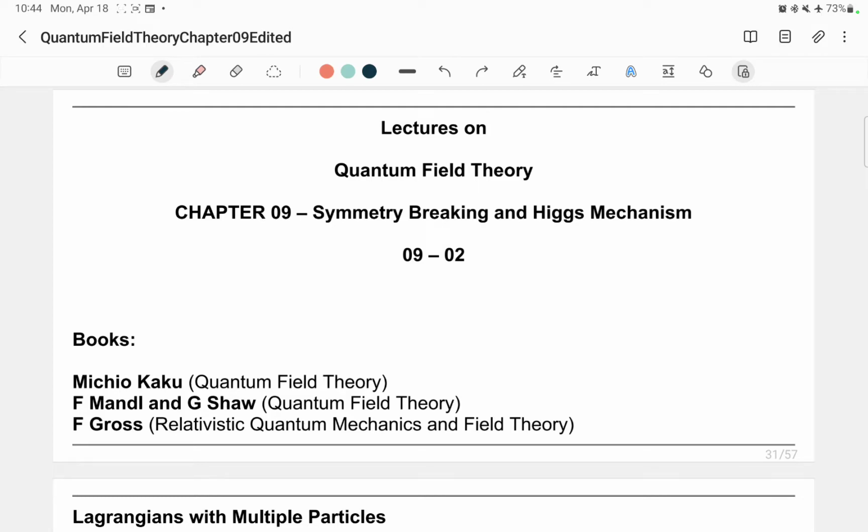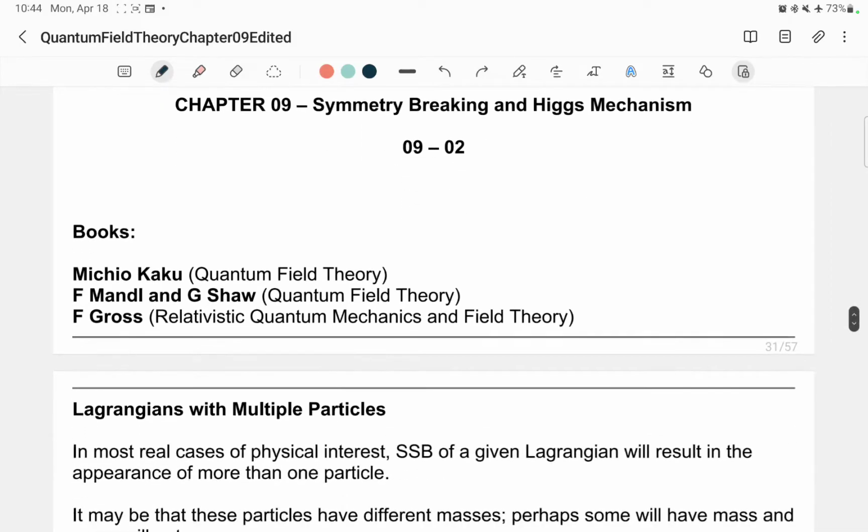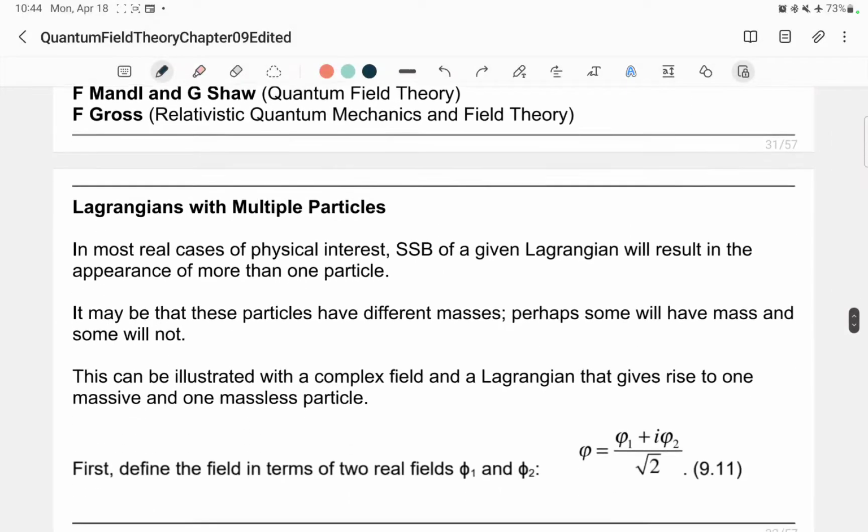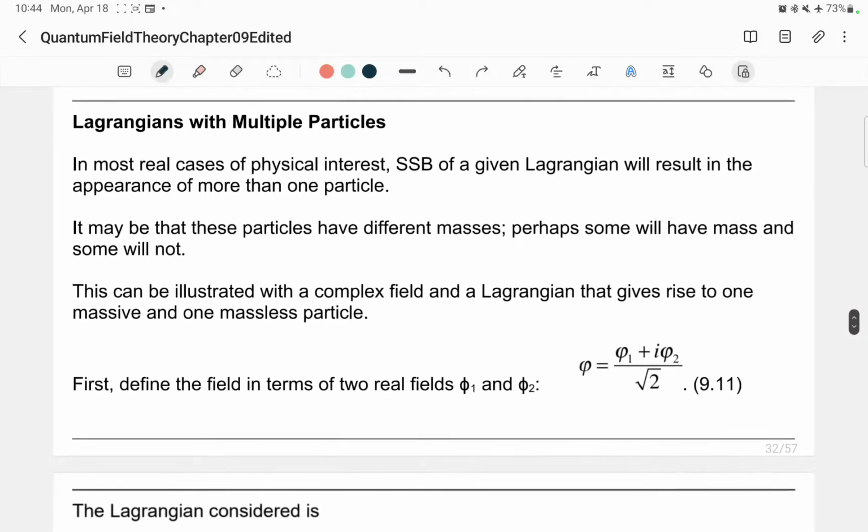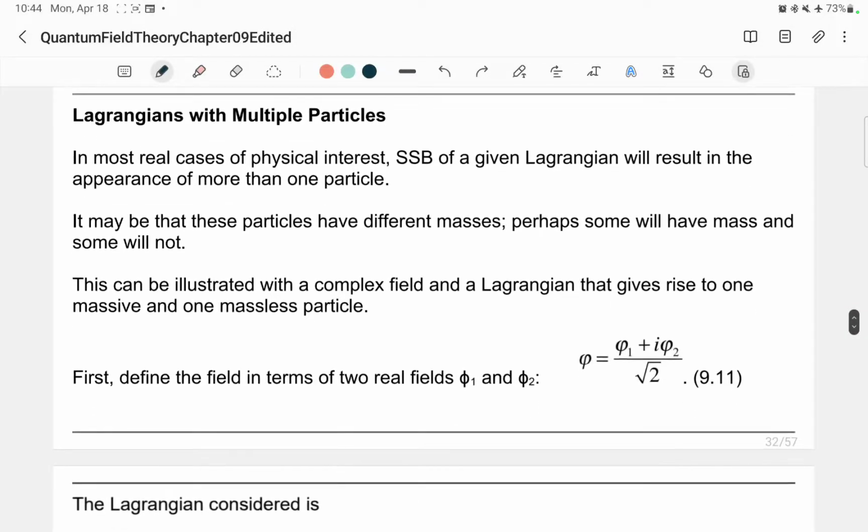So in this lecture, we will talk about Lagrangians with multiple particles and how these particles were able to generate masses.